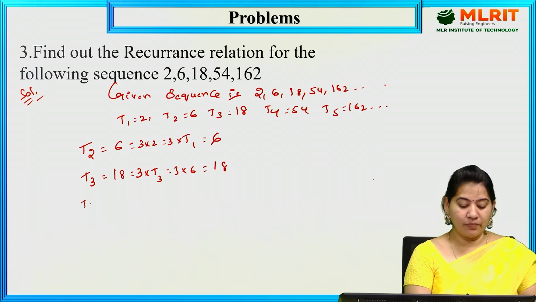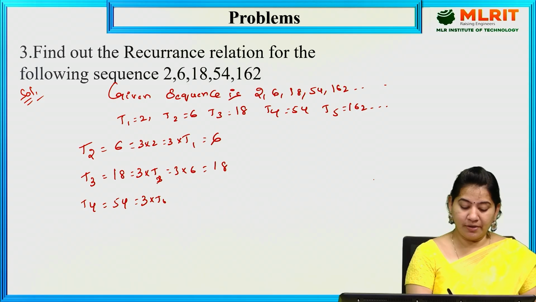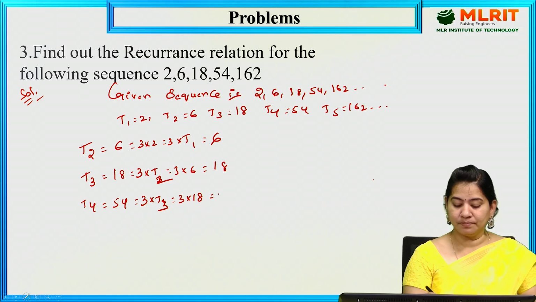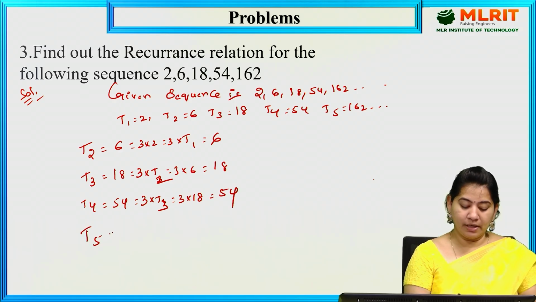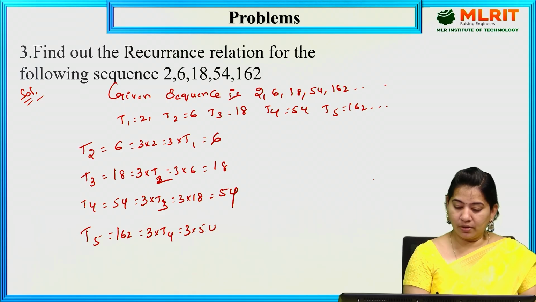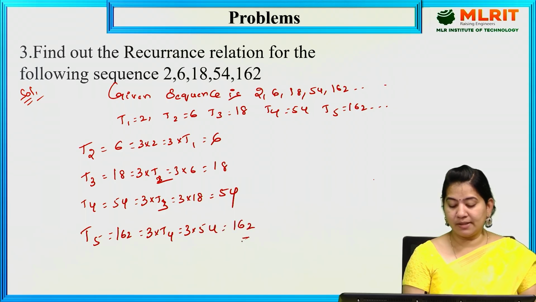Now in the same way T4 is 54, so this is 3 into T3, which is nothing but 3 into 18, which is 54. Here T5 is 162, so 3 into T4, 3 into 54, you will get 162.